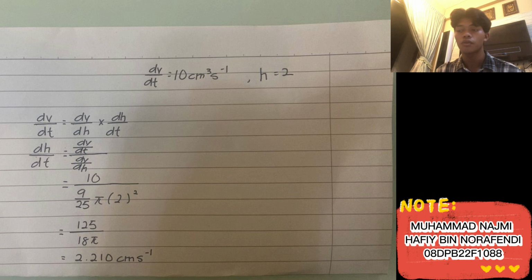So we put them into the formula, with dV/dt as 10 and dV/dh as 9/25 pi times 2 squared. We press the calculator and get 125/18 pi, and pressing the calculator again, we get 2.210 centimeter per second. That's all for me. Thank you, and I would like to continue the next question to my friends.